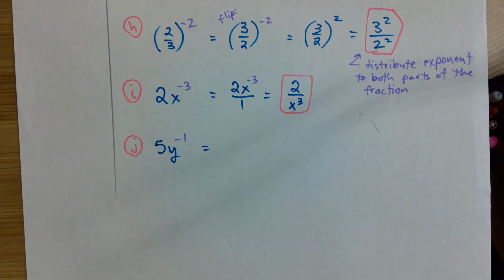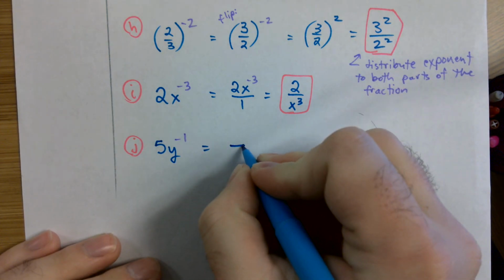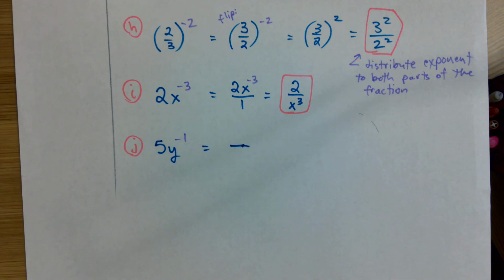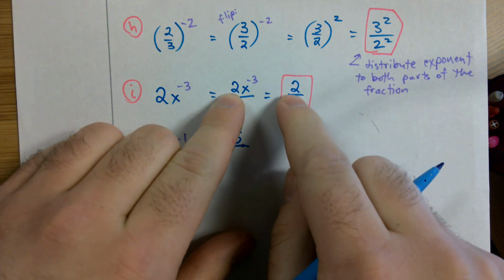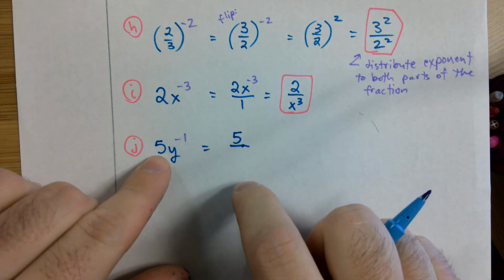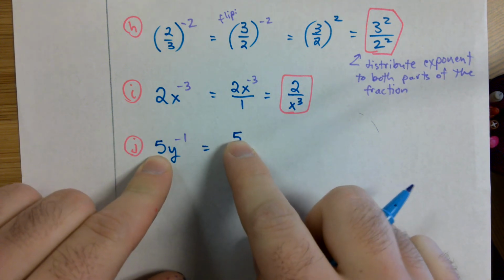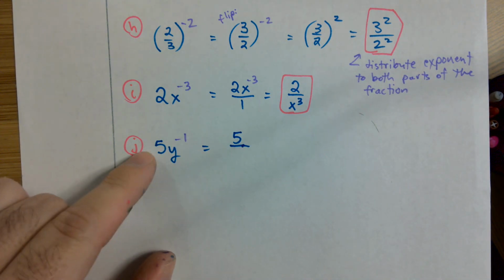5y to the negative 1. Based on our example I, what is our numerator going to be for our answer? Based on example I, what would our numerator here be? It's going to be 5, right? Our coefficient stays as the numerator because that negative 1's not attached to it.